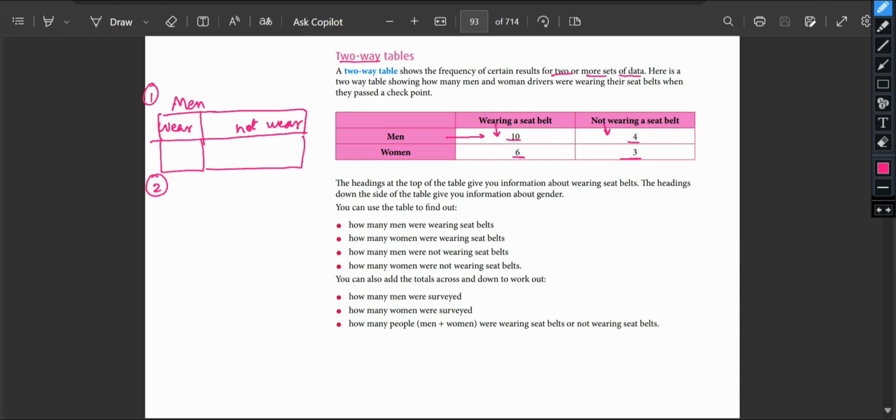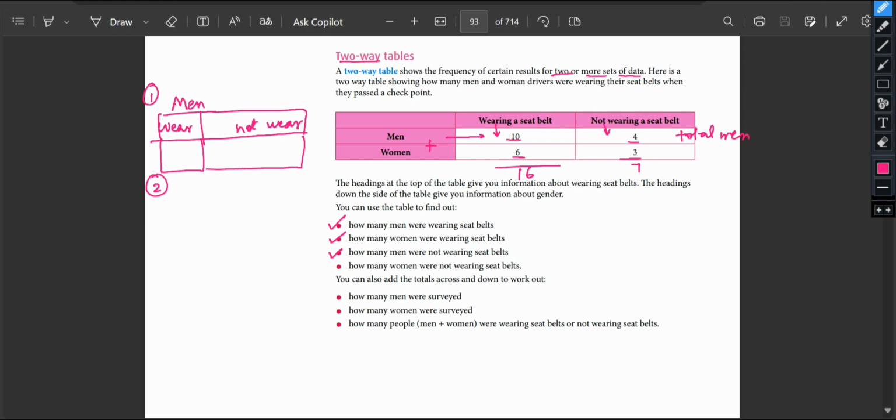And in this, we can answer multiple questions. For example, how many men were wearing seat belts, how many women, how many men were not wearing seat belts, and so on. And similarly, you can also do it like this: कि how many total people, men and women, are wearing seat belt, and how many of them total are not wearing seat belt. And then you can also see कि how many total men were there.